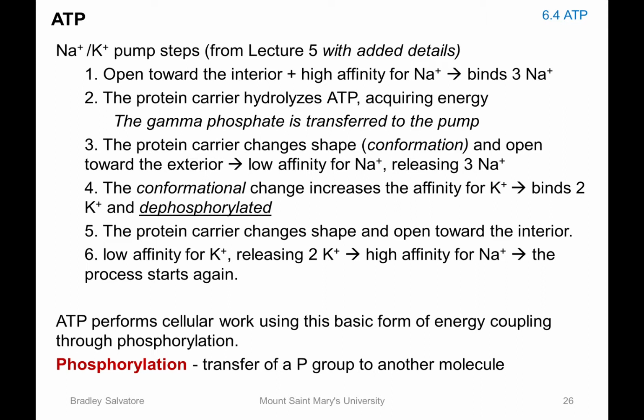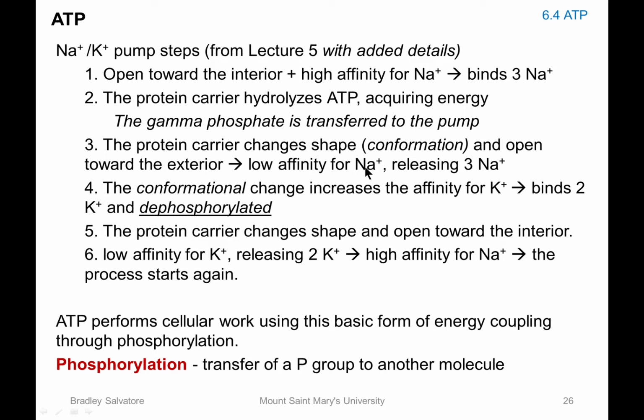It has high affinity for sodium ions, thus it will bind 3 sodium ions. This binding will trigger the pump being phosphorylated. What that means is the ATP will hydrolyze and transfer the gamma phosphate group to the pump, changing the conformation of the pump, causing it to open to the exterior of the cells and export the Na out of the cells.